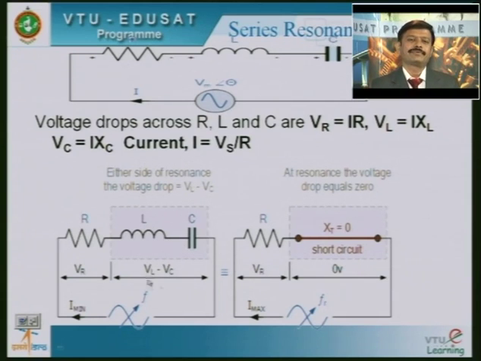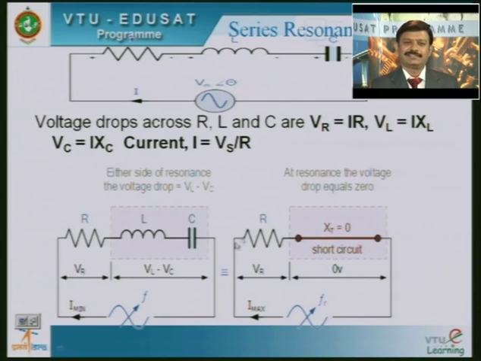See here, the difference of voltages, the voltage across the inductor and the voltage across the capacitor, is considered. Whenever L and C become short, which I will explain in the next slide, the total reactance will become 0.